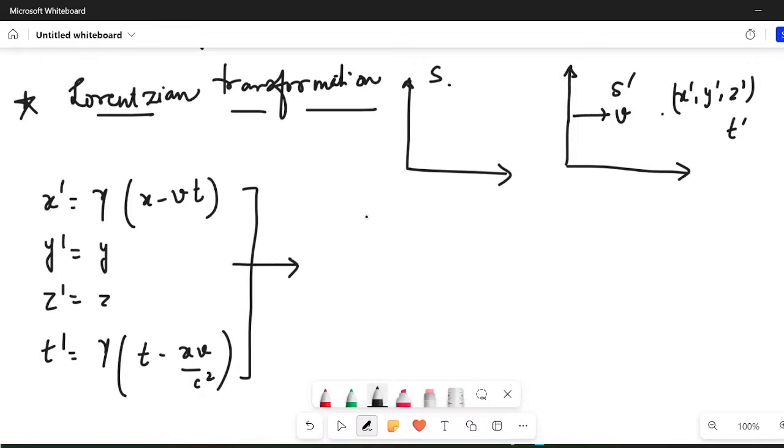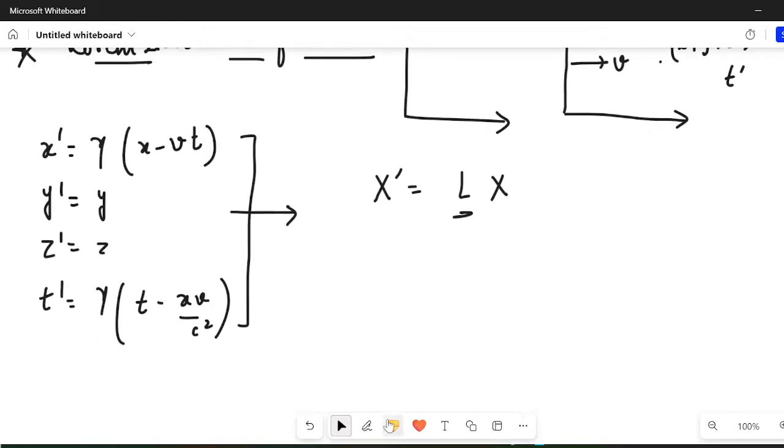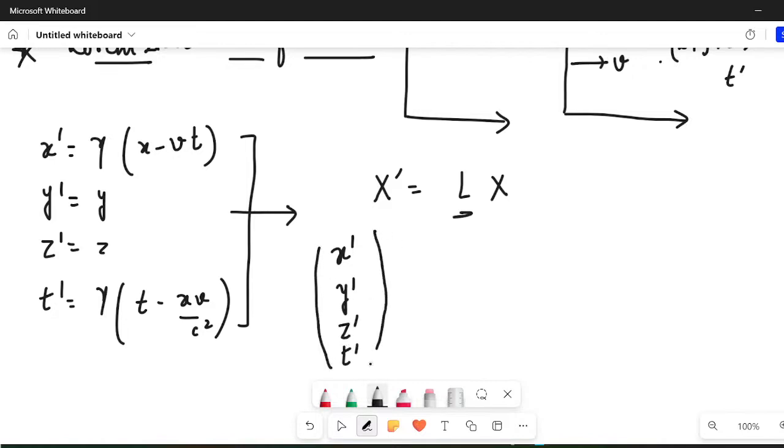So if I want to express it in terms of the matrix notation, let us say I'm writing capital X dash, and here I'm writing L, and I'm writing X. What is L? L is the Lorentz transformation matrix. If I want to write it in this fashion, it would be equal to x dash, y dash, z dash, and t dash. And L would be your Lorentz transformation matrix.